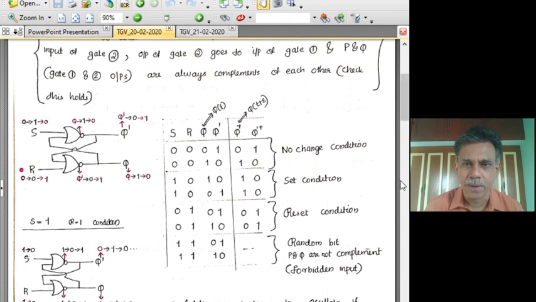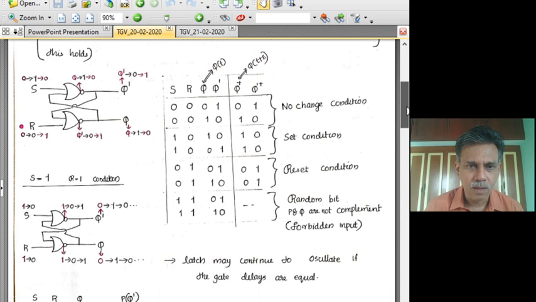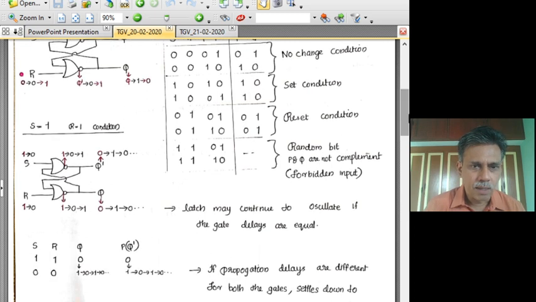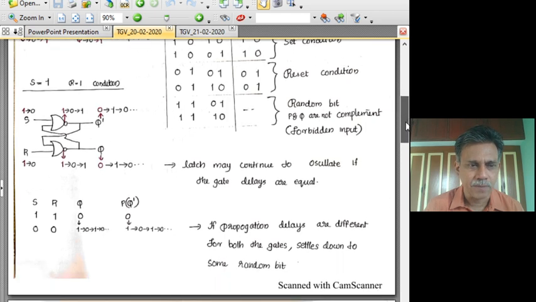So it is never operated in this mode. This is what we looked at in the previous lecture.